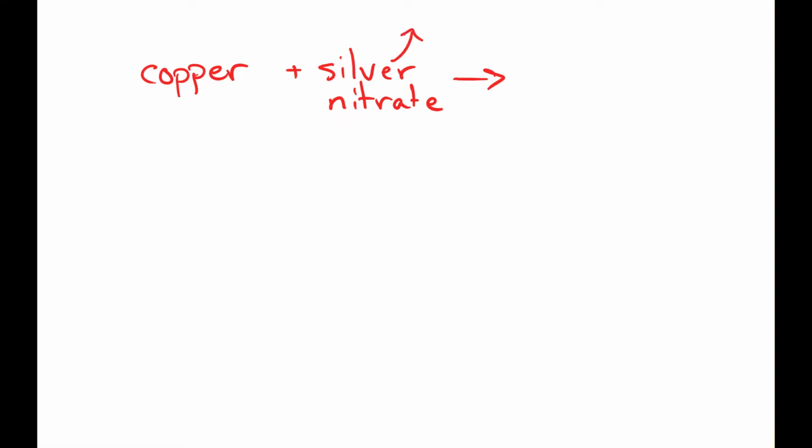So the silver gets kicked out and the copper takes its place. So we're going to get silver and copper 2 nitrate. So let's go ahead and watch this video, and I'm going to talk a little bit more about single replacement reactions after we watch the video.